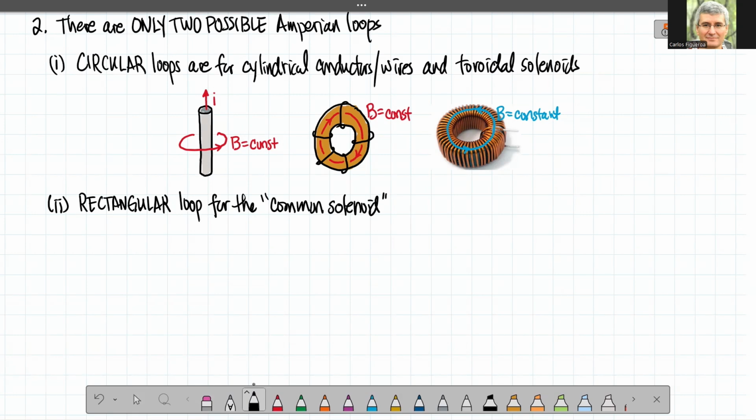We haven't dealt with that yet, but a common solenoid essentially, well, let me draw a picture so you can see what I'm talking about.